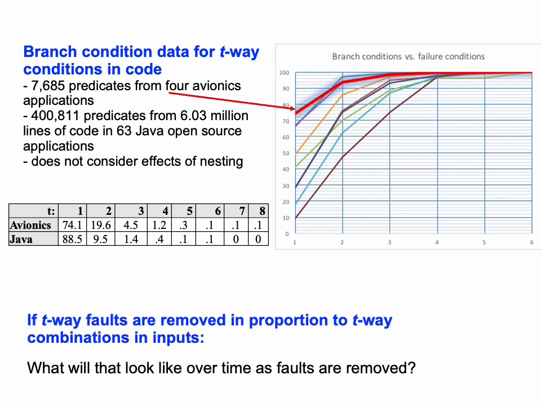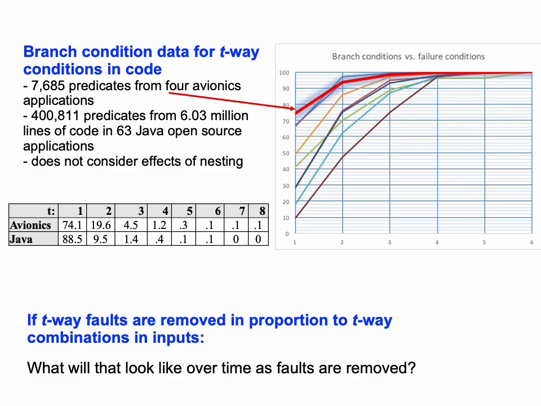Looking at the distribution of branch conditions for conditions in code, predicates in code for if and while statements, we have the red line, which was shown earlier from more than 7,000 predicates in avionics software. And in addition to that, we looked at more than 400,000 predicates in 6 million lines of code from open source Java applications.